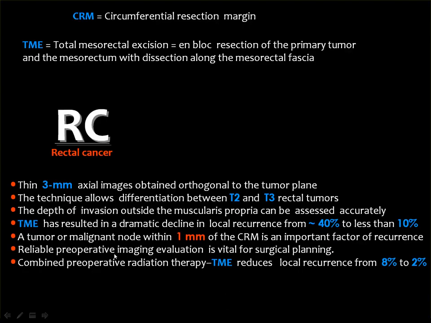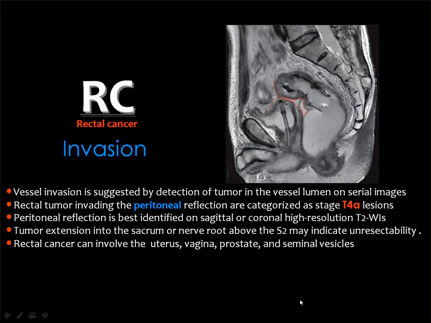Reliable preoperative imaging is vital for surgical planning. And sometimes they combine preoperative radiation with the total mesorectal excision, and this has helped in a reduction of the recurrence rate from 8% to about 2%.